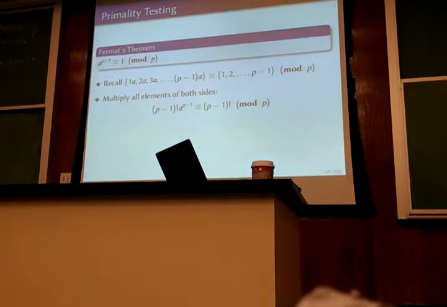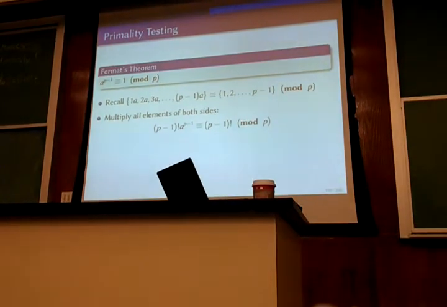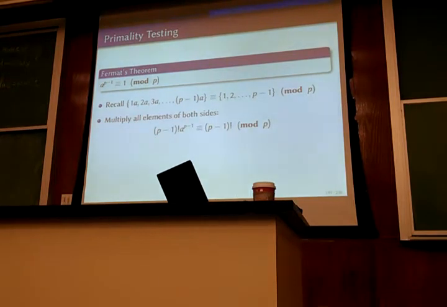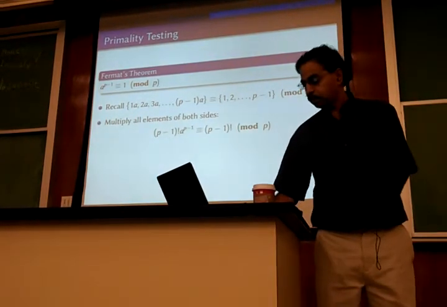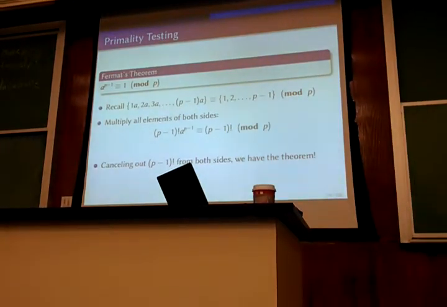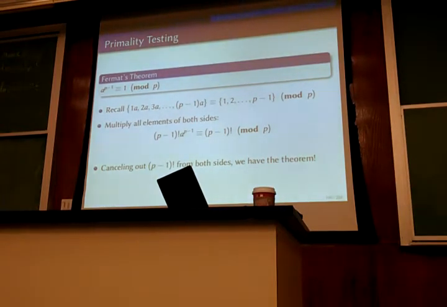On the right-hand side is p minus 1 factorial. So if you just multiply everything on the right-hand side, you just get p minus 1 factorial. Well, of course, you can cancel out p minus 1 factorial on both sides, and then you have Fermat's theorem, right? So it's not very complicated to prove it. At least once you realize that this is the trick you need to use, then the rest of the proof is quite easy.